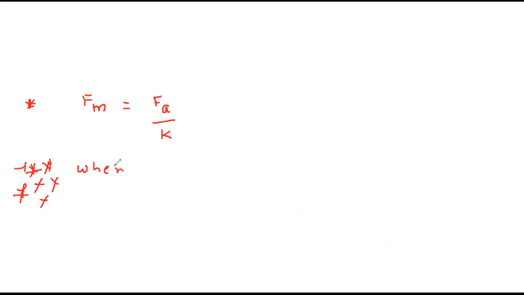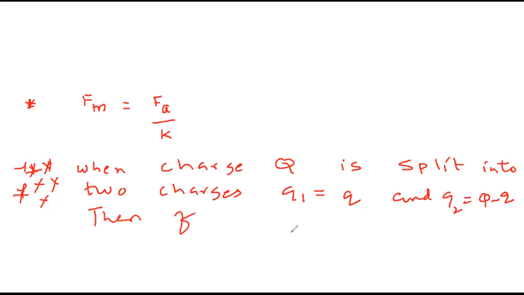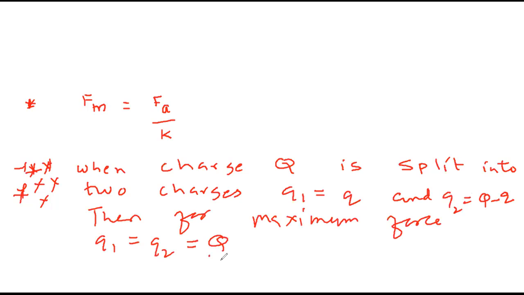When a charge capital Q is split into two charges, Q1 equals q and Q2 equals Q minus q, then for maximum force, Q1 is the same as Q2, which is half of the total charge.